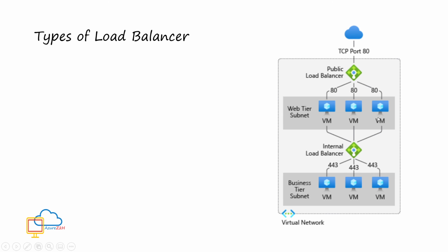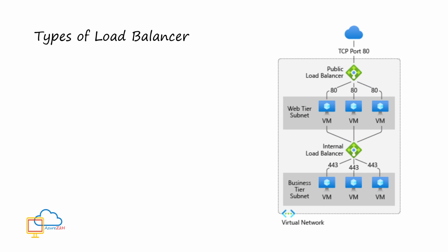Now after this, all 3 servers will send the traffic to a load balancer, and again the same traffic will get distributed to some business tier virtual machines, for example database virtual machines. So if the load balancer is receiving traffic from the same network or inside Azure, and it's distributing to some other backend servers, then it's an internal load balancer.